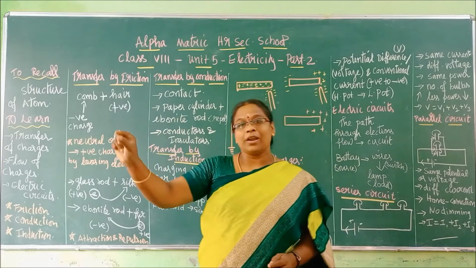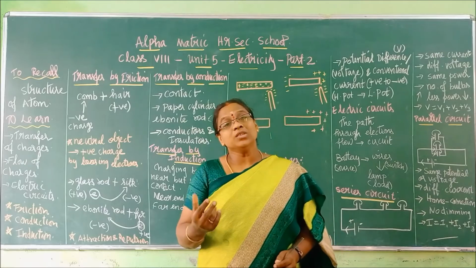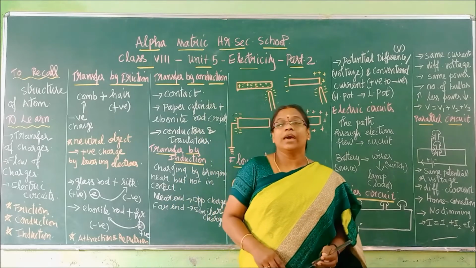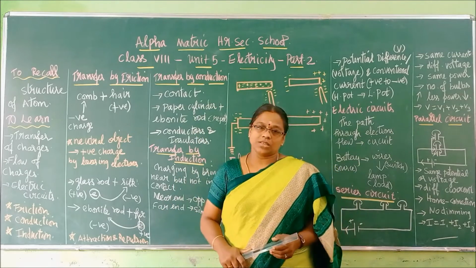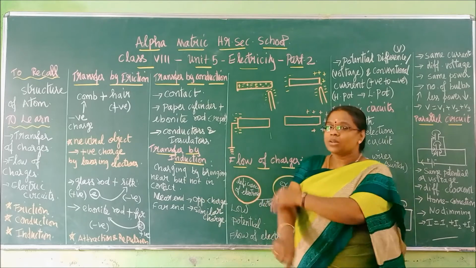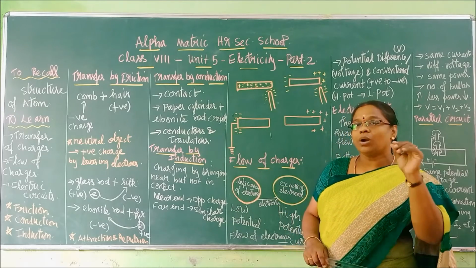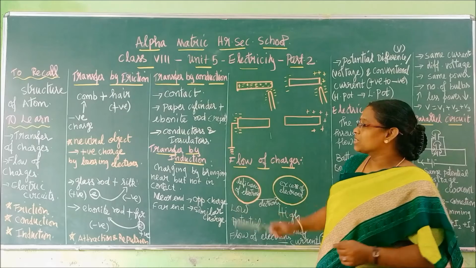Our wires are made of metals because metals are good conductors. Materials which do not conduct current are called insulators: plastic, rubber, wood. Children, 2 mark questions will be asked from these, so mark everything in your book that we are discussing here.